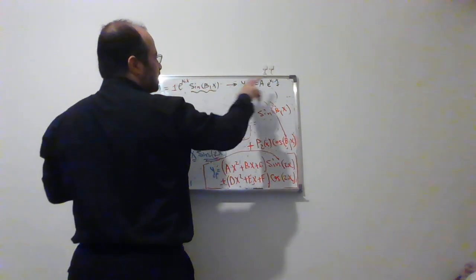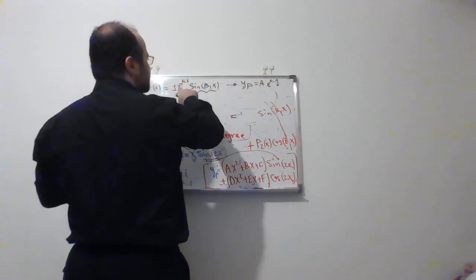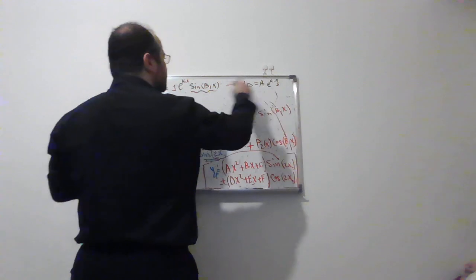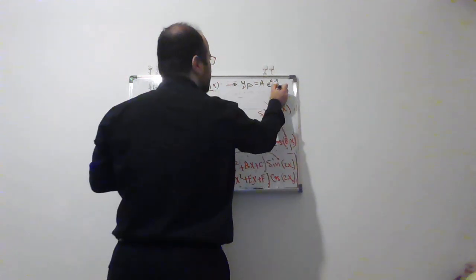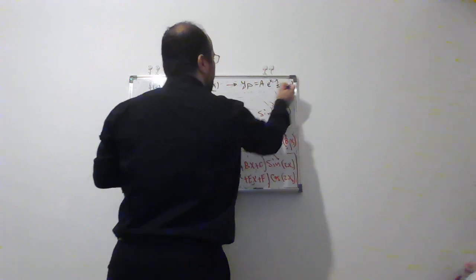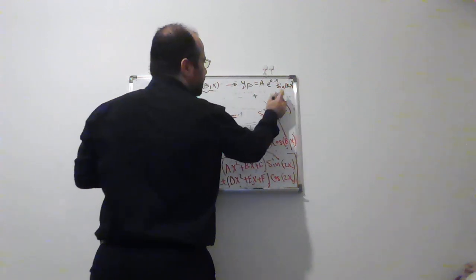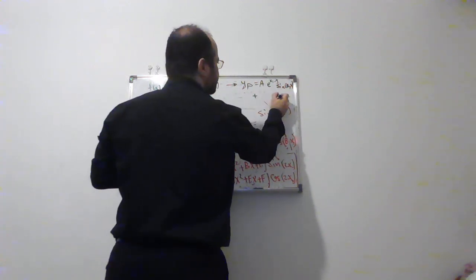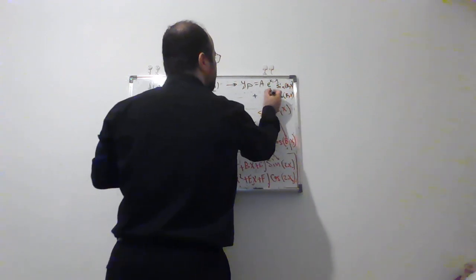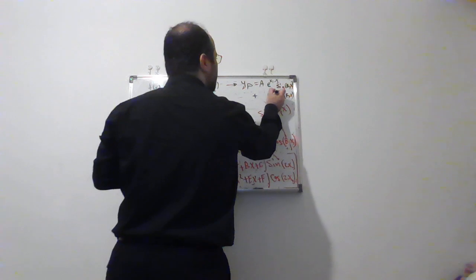The sine is coming from sine and cosine. The exponential is coming from exponential. The sine may come from sine, may come from cosine. So you're going to have sine beta1 x, and then you're going to have another one which is cosine beta1 x.